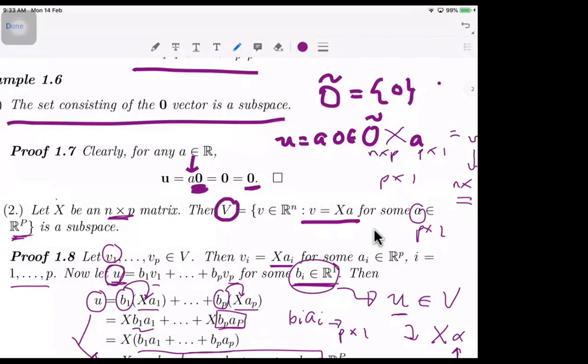So if we let that be your V there, and this space here contains vectors of this form, any linear combination, say U, which is a linear combination of BV, you can show that it is still an element of V. Because you can show it to be equal to X alpha for some alpha, which is a linear combination of a constant B and a vector A. So you can rewrite U as X alpha, which is an element of V. So any set of vectors of the form Xa is a subspace.